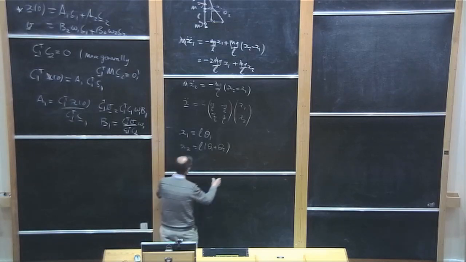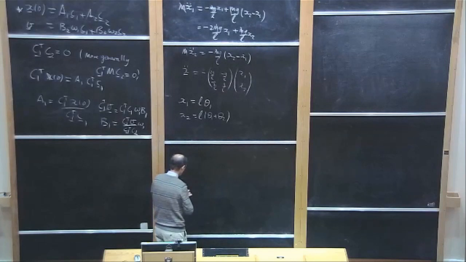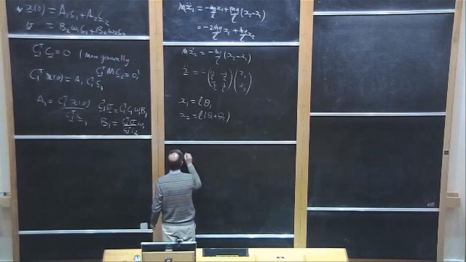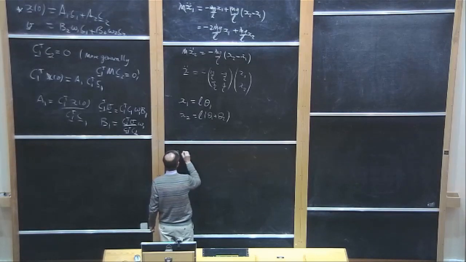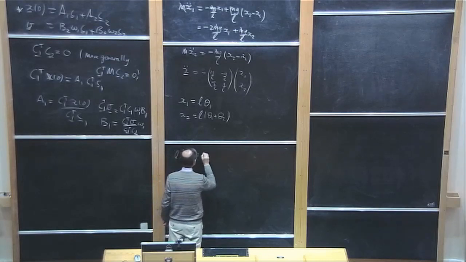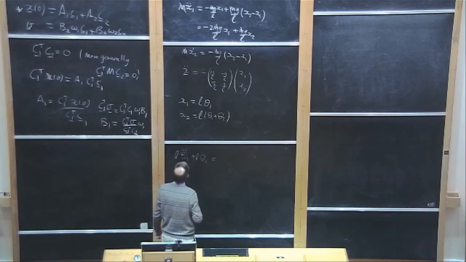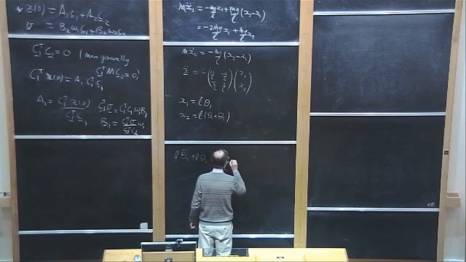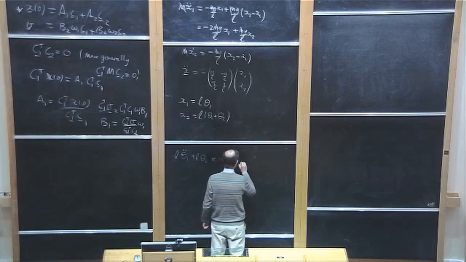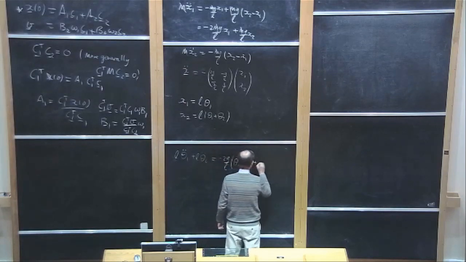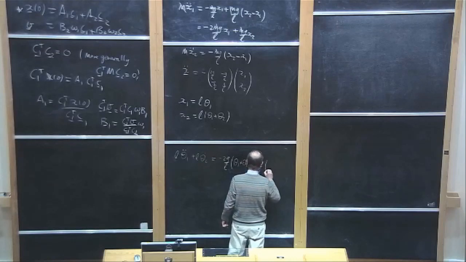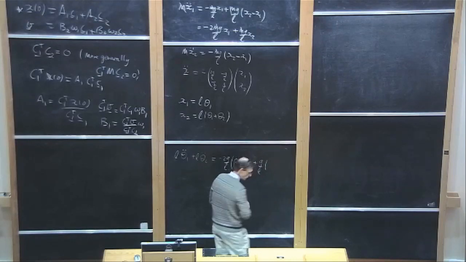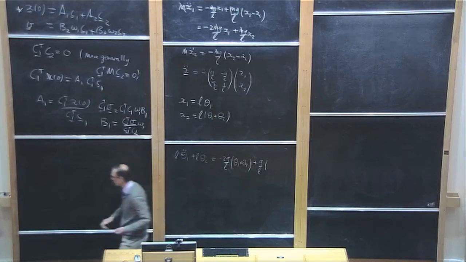Let's see what those two equations that I've just written down are equivalent to in this basis. So x1 double dot is L theta 1 double dot plus L theta 2 double dot is minus 2g over L x1... Well, that's rubbish.